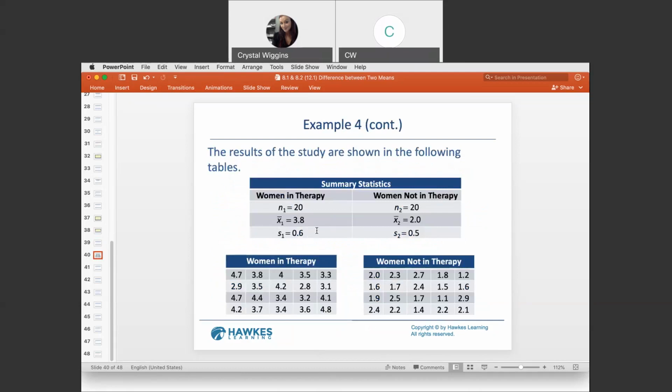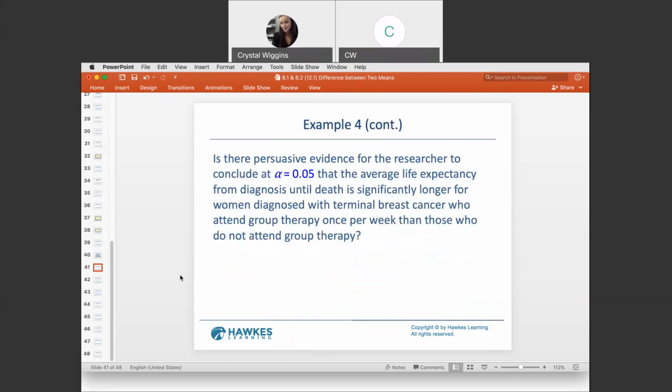But since we have the summary statistics, we don't really need the data set, as the summary stats are already calculated for us. Is there persuasive evidence for the researcher to conclude with a 0.05 alpha level that the average life expectancy from diagnosis until death is significantly longer for women who attend these therapy groups?